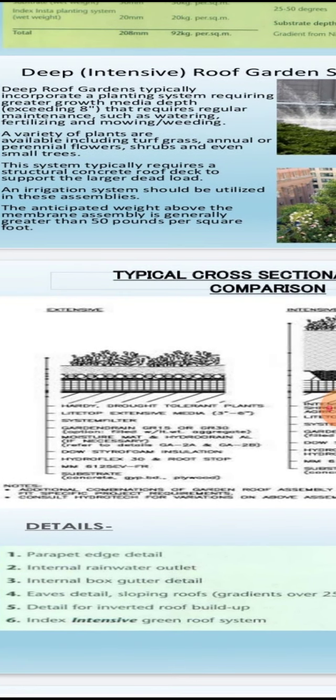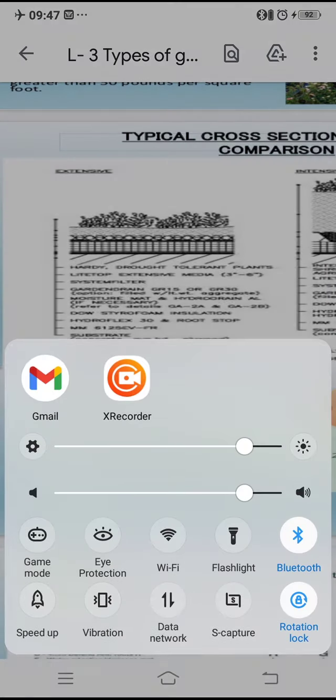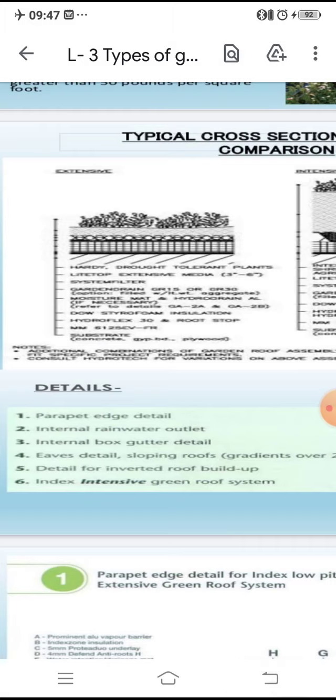Another part we are observing here is the major part. Here we will observe it in the landscape.